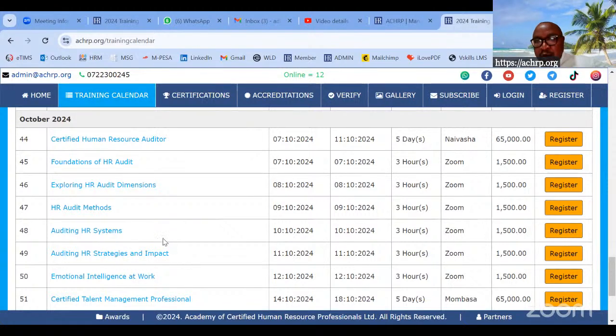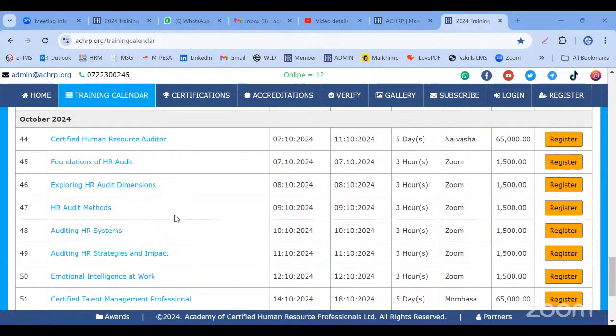This means you've covered the 5 modules that form the Certified Human Resource Auditor, and each module has been approved by IHLM for 1 CPD point.